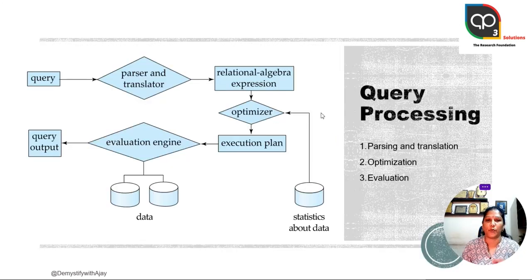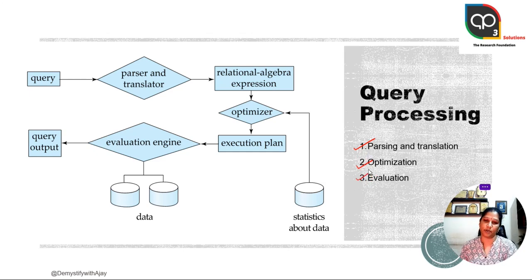And here, dear friends, query processing involves three important steps. Parsing and translation: the SQL query is checked for syntax and translated into an internal representation. Next, optimization: multiple execution plans may be possible, so the optimizer picks the one with the lowest cost in terms of time and resource usage.